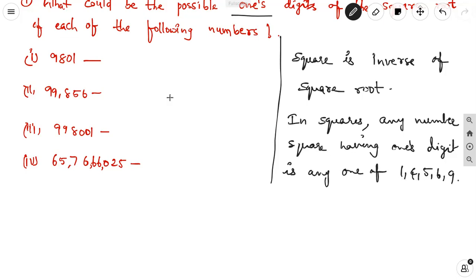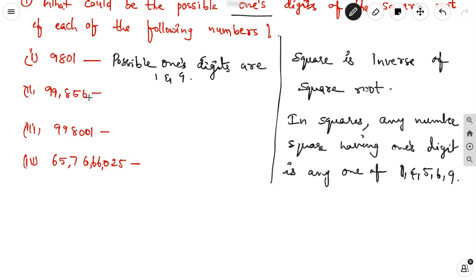So here, the first question, 9801: what could be the possible ones digits of its square root? The possible ones digits are 1 and 9. Why? Because 1 and 9 are related.